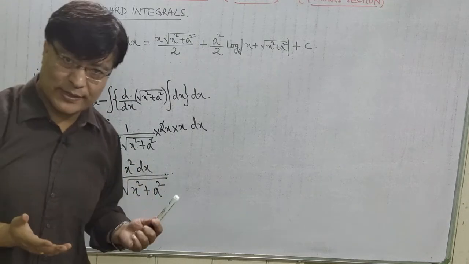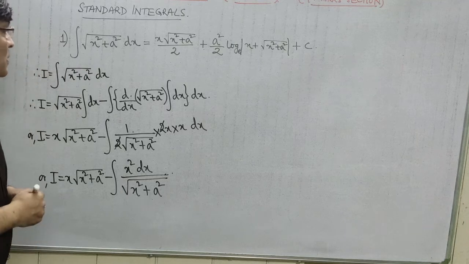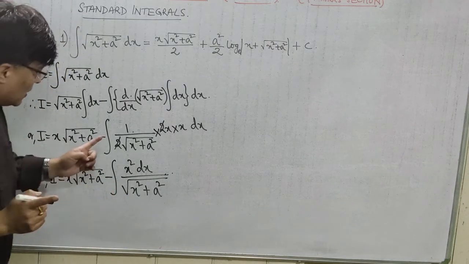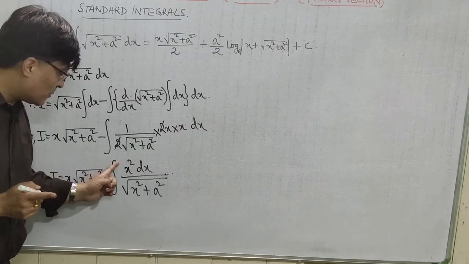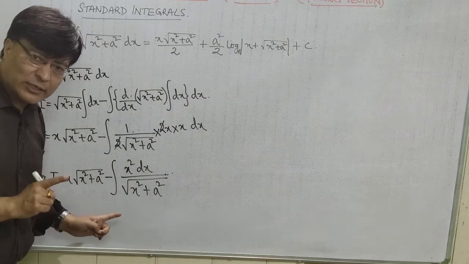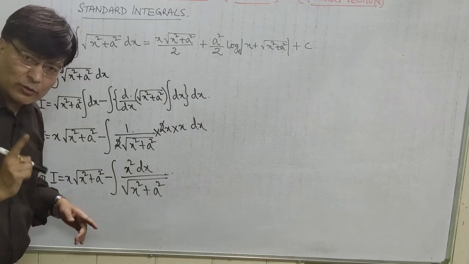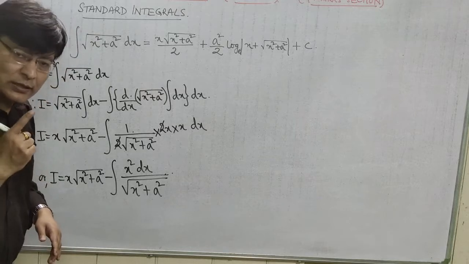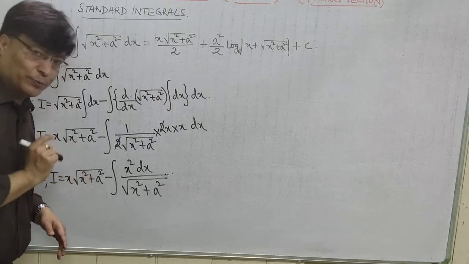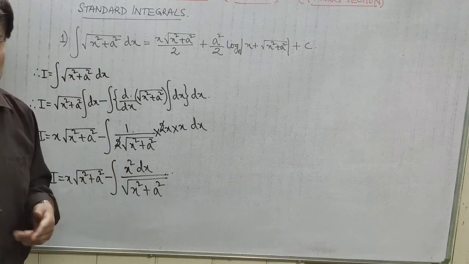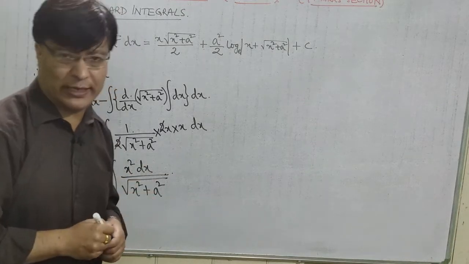So I think you have understood it. Now what will you do in the next step? In the numerator, what is the highest power of x? That is 2. And in the denominator within the square root, the power of x is also 2. So whatever is there in the denominator within the square root, write it in the numerator.